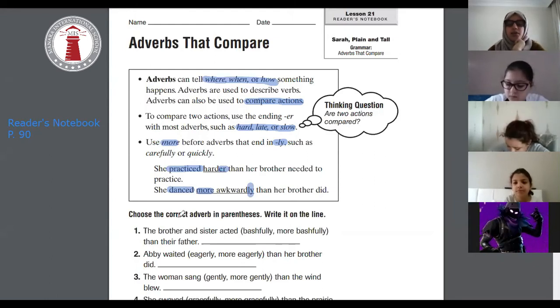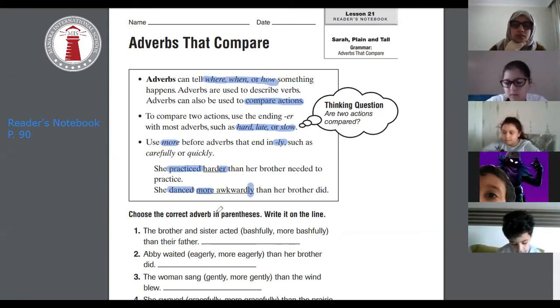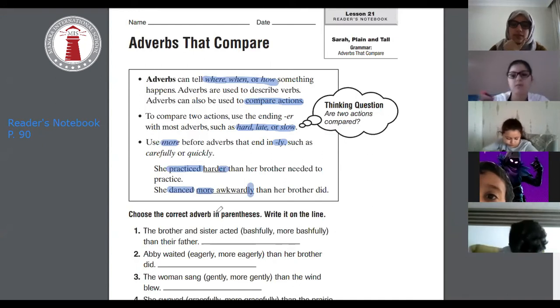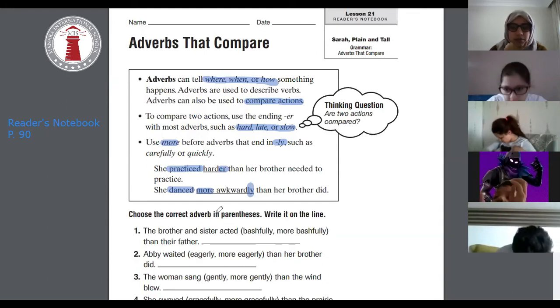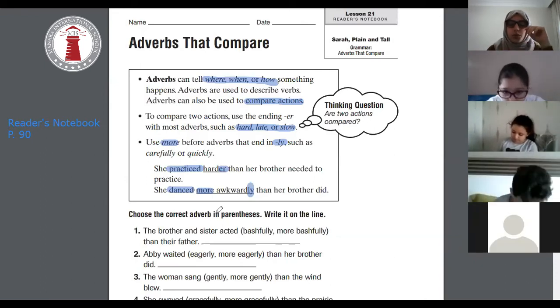Fahad, can you read the first question for us, please? The brother and sister played bashfully than their father. So what do you think the correct answer here is?